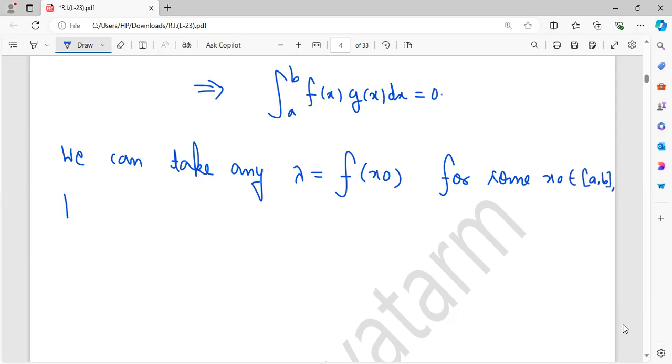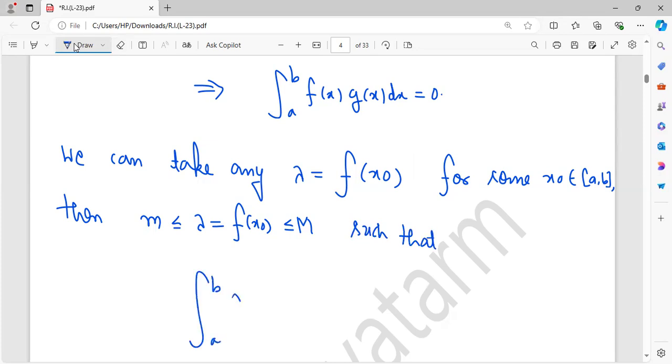Then obviously lambda is in between the bounds. Such that the integral from a to b, we have proved that this is 0.